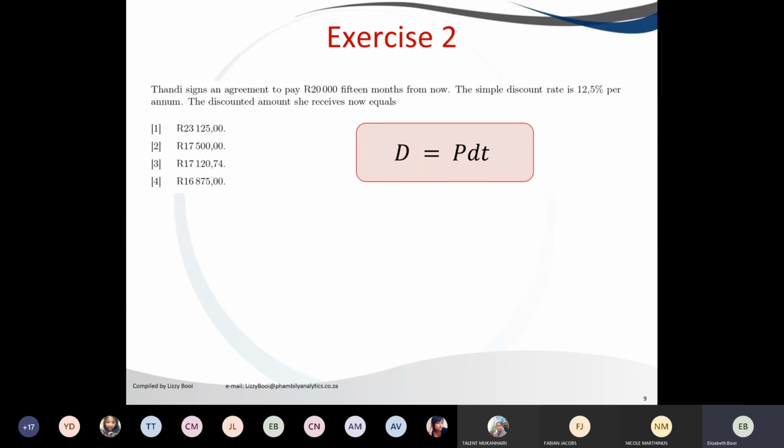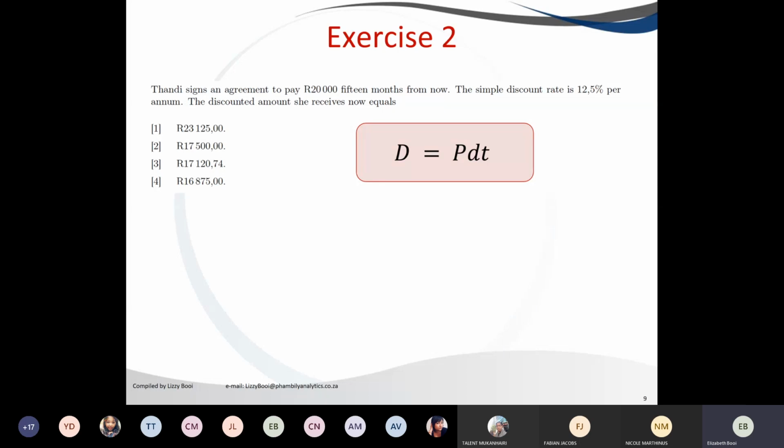The simple discount rate is 12.5% per annum. The discounted amount she will receive now will be. So the question here is, they are asking you to calculate what will be the discounted amount that she will receive.